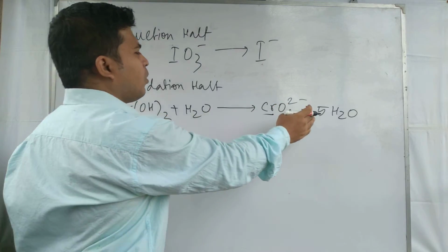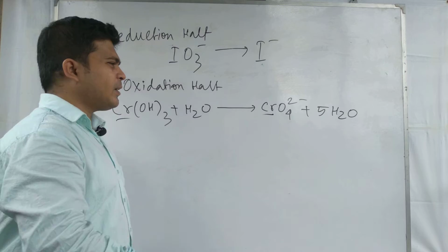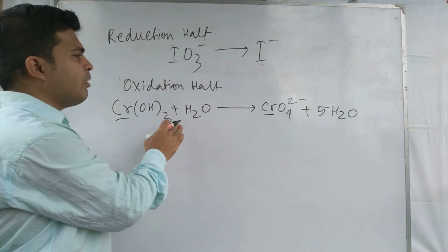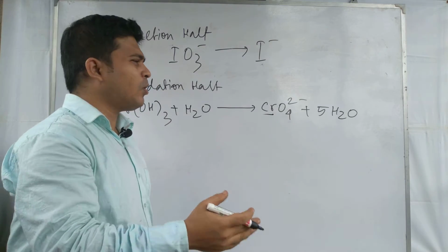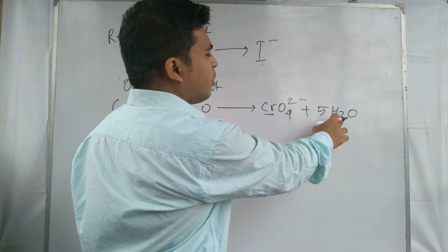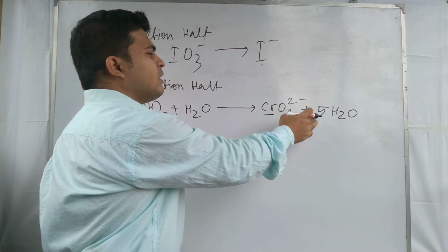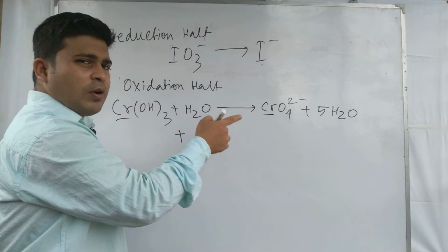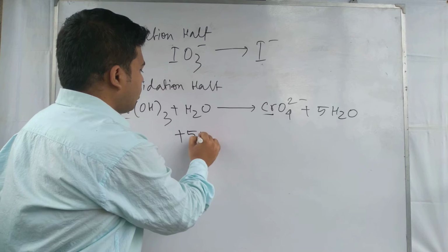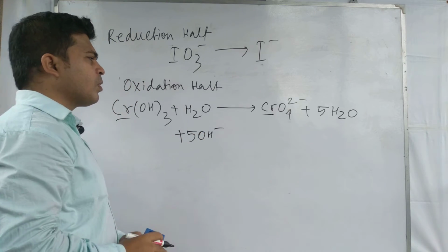So 5, an equal number of water molecules. It is our rule that to remove the deficiency of hydrogen, you need to add water molecules equal in number to the deficient hydrogen on the opposite side. So 5 H2O, and this time you also write an equal number of OH minus on the opposite side.